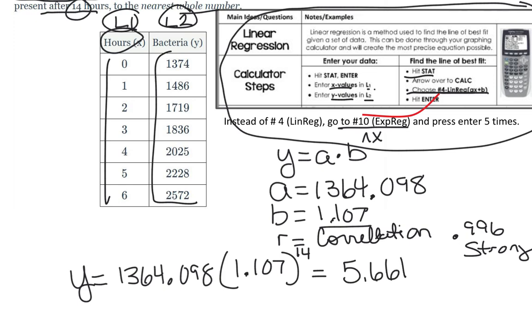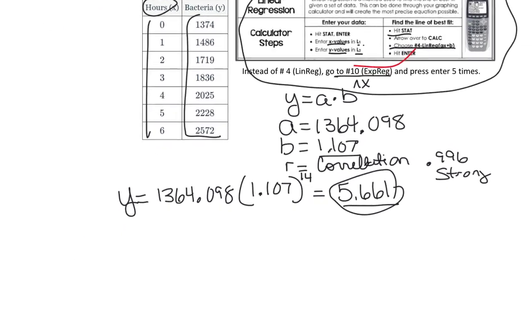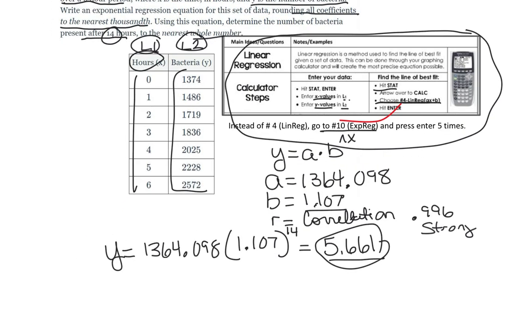It said nearest whole number, so we're going to leave it at that because it was 0.2. That would be my nearest whole number. So in 14 hours, that's how many cultures we'll have. Okay. All right, let's do one more.